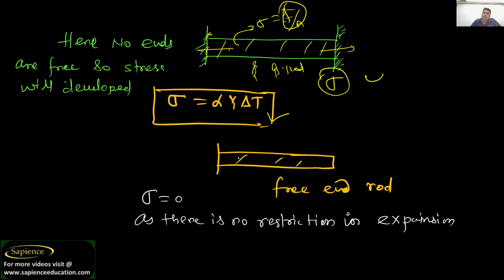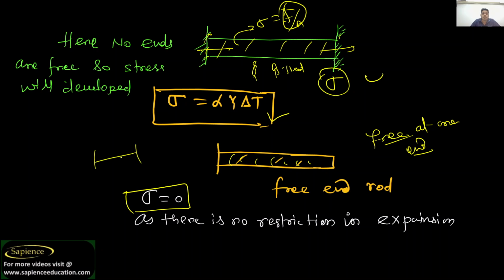If you are taking a rod which is free at one end, stress will be 0. But as soon as you restrict it, there is a stress, and if you want to find the stress due to thermal expansion, you can find it by the formula.